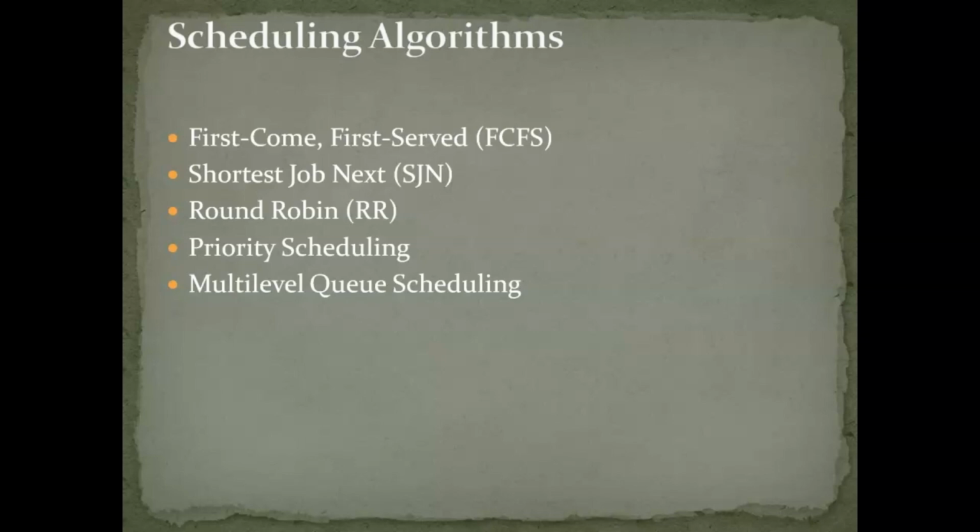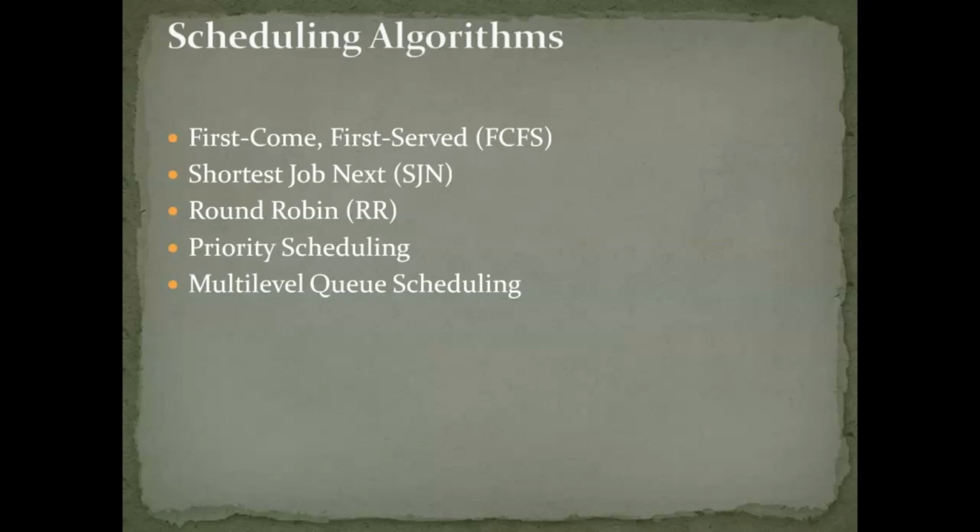If you have two processes, process 1 will be executed first, and then process 2. The second one is shortest job next. It executes based on the timing of your process. Some processes need more time to be executed, while another needs just a few seconds. So the one needing few seconds will go first.